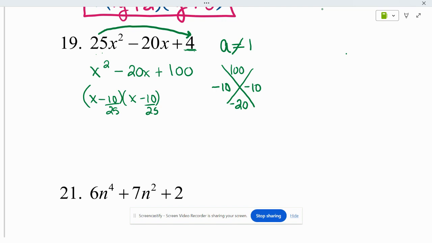Reduce it. Yeah. Calculators, 10 divided by 25, give me the best reduced fraction for that. What is it? Yeah, 2/5. Okay, so I have x minus 2/5 times x minus 2/5. Is that an acceptable answer?